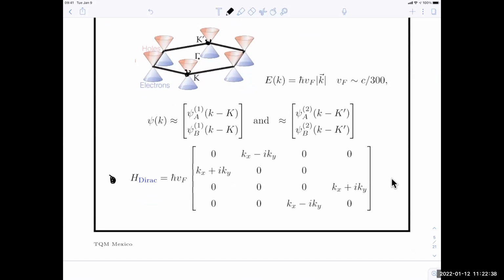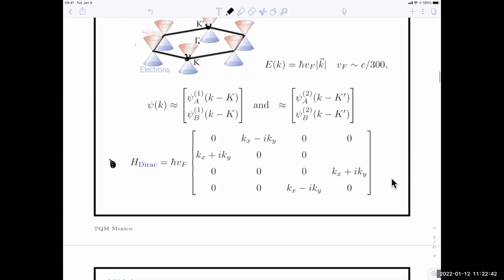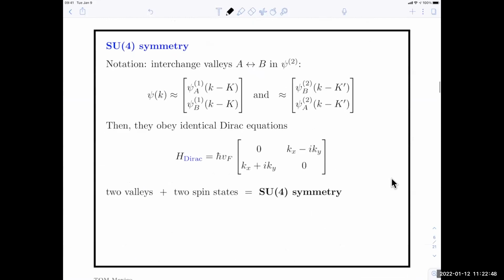And notice that the 2 blocks look a little bit different, but a rather simple relabeling of the components of, say, the spinors for the lower block, changing around, which in a sense is reconventioning what I mean by the components in terms of the sublattices, makes the 2 Hamiltonians look the same. And so you have a double degeneracy.